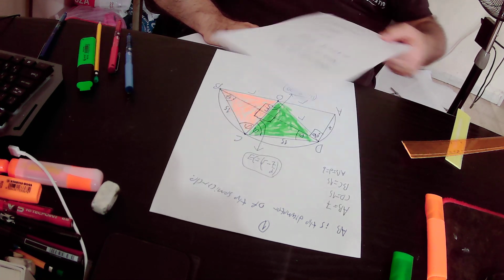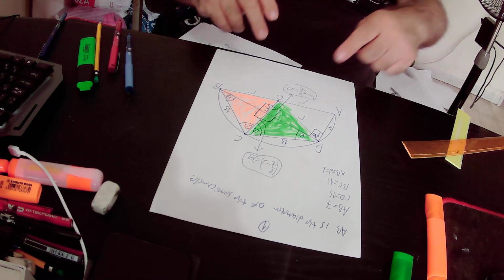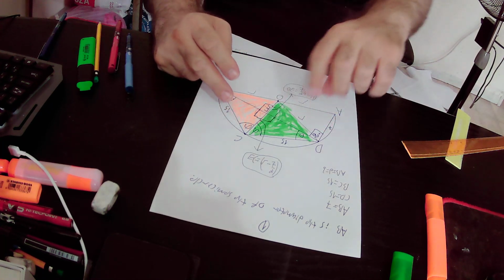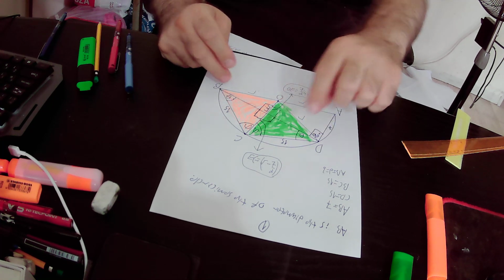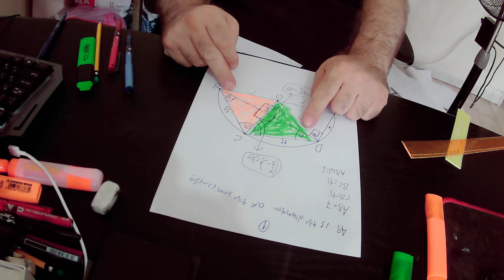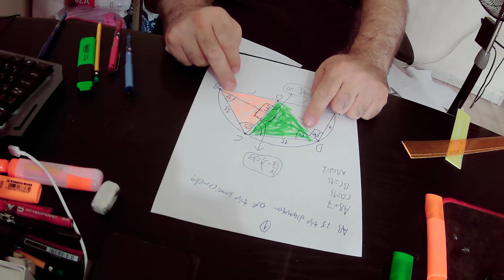So in triangle DCB, we have two sides that are equal to each other. In front of this side, we have this angle. In front of this side, we have this angle. So those two angles that are located in front of equal sides are also equal to each other.